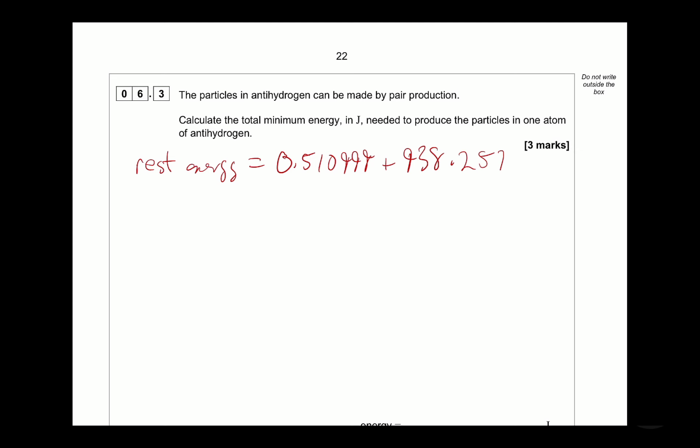This is in mega electron volts. So what you need to do then is add these together. Remember, you have to use this many significant figures because the differences in some of them are so small. They're giving you 6 significant figures on the formula sheet. Use 6 significant figures while you are doing your calculations.